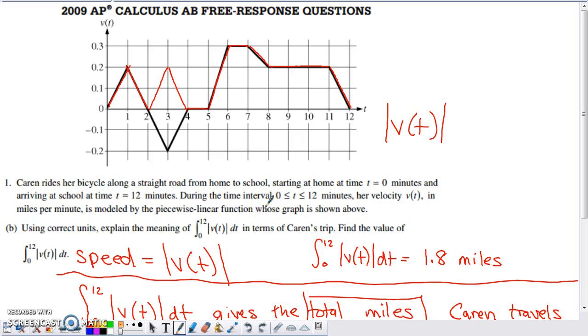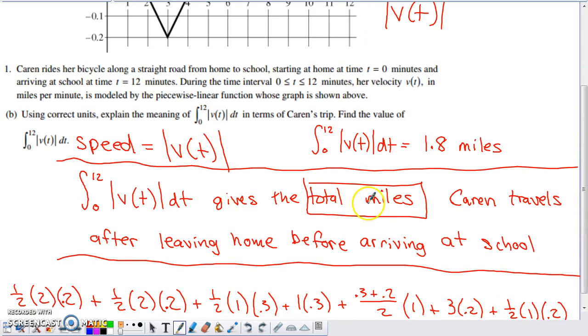If it was the velocity function without absolute values inside the integral, we'd end up with a change in position. But whenever we throw the absolute values there, we're considering this change to be positive, this change to be positive, all of this change in position to be positive. So we're going to end up with the total miles that Karen has traveled after leaving home before she arrives at school.